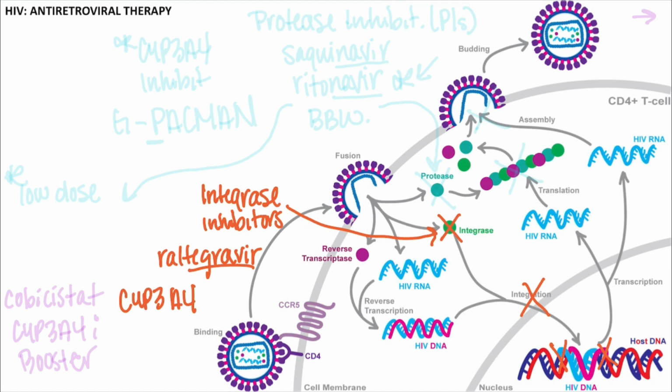And now this brings us to our last group of agents, being our protease inhibitors. And this group is commonly abbreviated as the PIs, which is going to include agents like saquinavir and ritonavir. And these are all going to end in this navir ending.